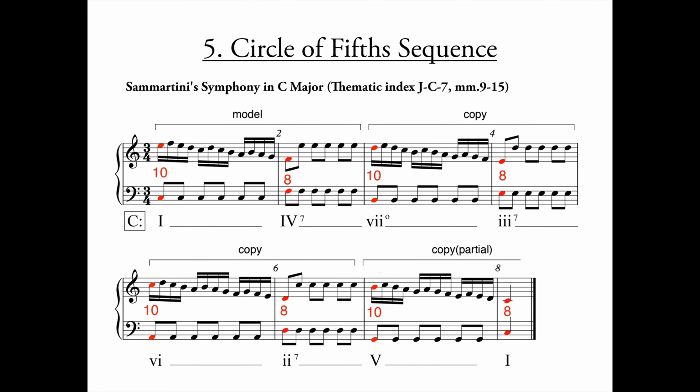In fact, the Sammartini example also follows the circle of fifths. The Roman numeral analysis is the same as the previous example, only now with seventh chords. Listen again and compare.